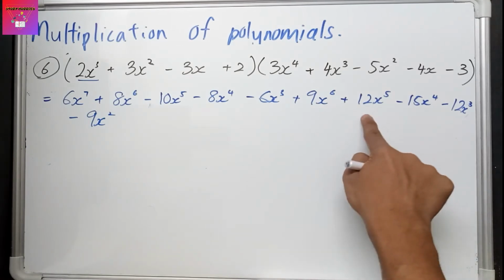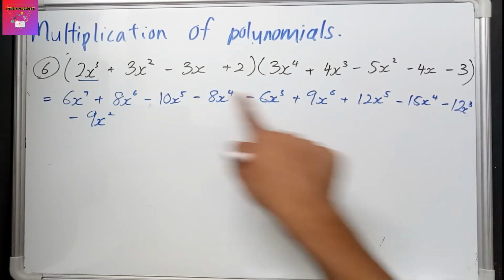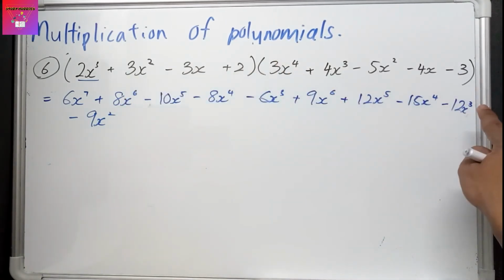So we have obtained another 5 values after you multiply 3x square with everything.